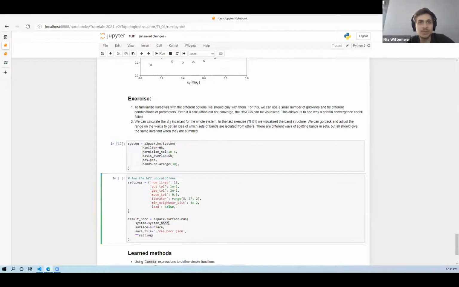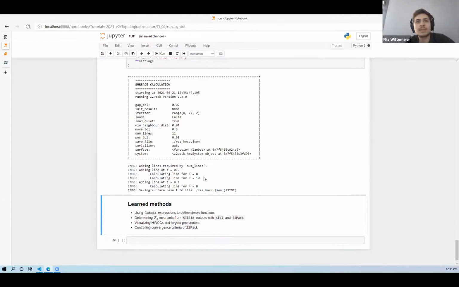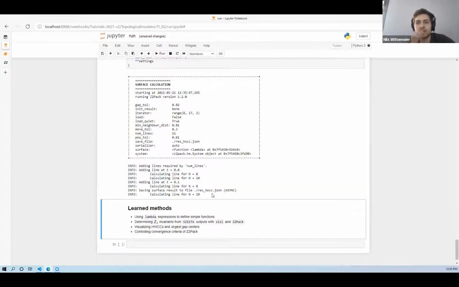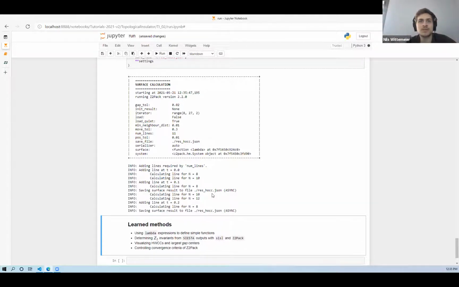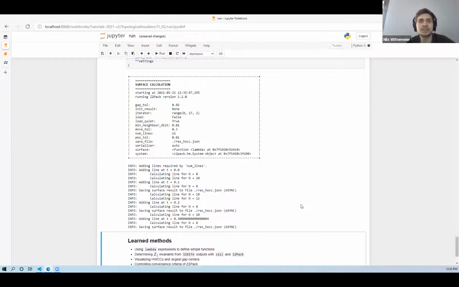And then we basically do the same thing again. And this might take a little bit longer, because now we have all 30 bands, which means many more charge centers, and therefore much more to evaluate and diagonalize.